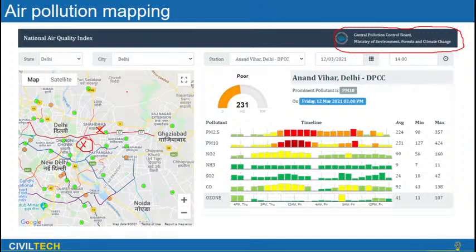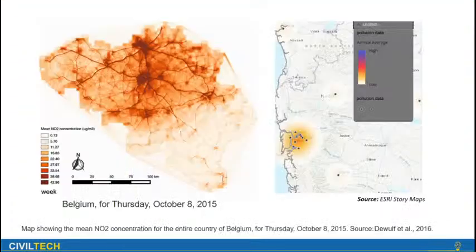Then we use spatial interpolation techniques in order to map how the air pollution is varying over the entire area. If you just know how to use the tool, that alone will not serve the purpose. You need to judge whether the obtained results are good or bad, whether the output you got is a credible assessment or not.